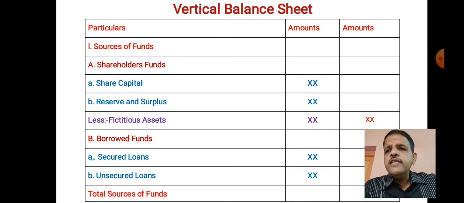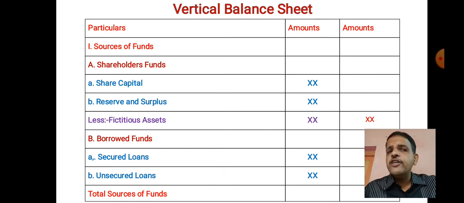Now these reserves are created for specific purpose, they are specific reserves, and reserves created for general purpose are general reserves. Now when we say the term reserve and surplus, which items are included under it?